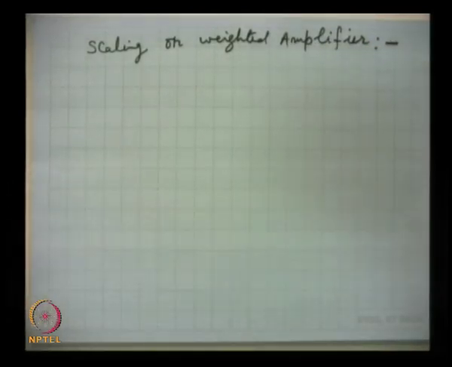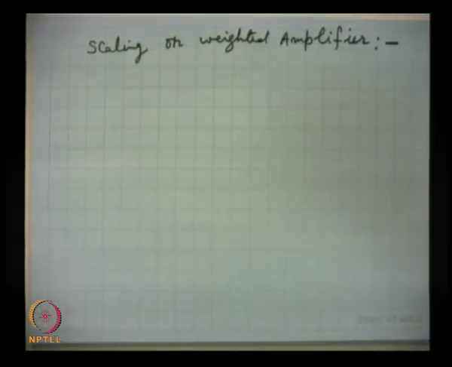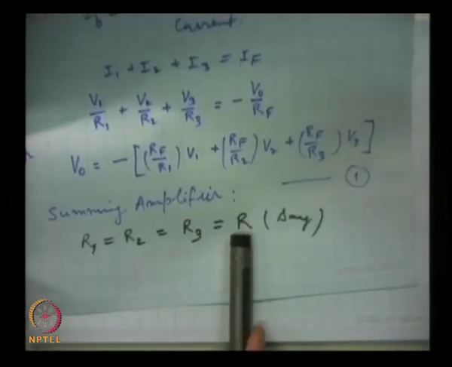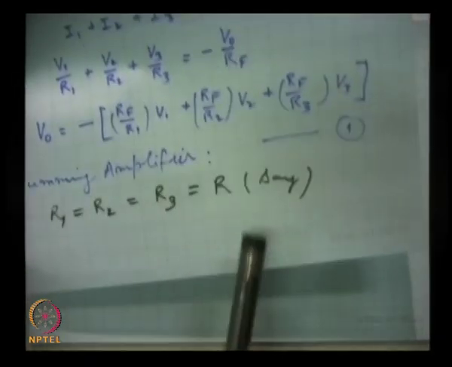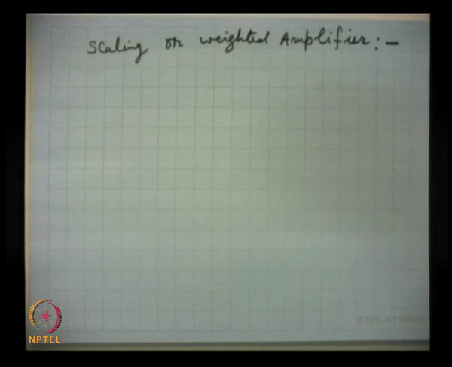In the simple summing amplifier, we have seen that all the inputs are amplified by the same amount, choosing all the resistances as single value R and Rf also of R, then a simple summing amplifier results.